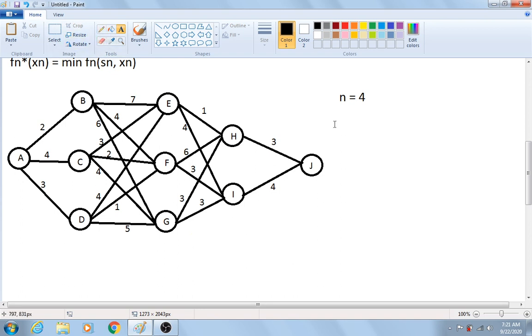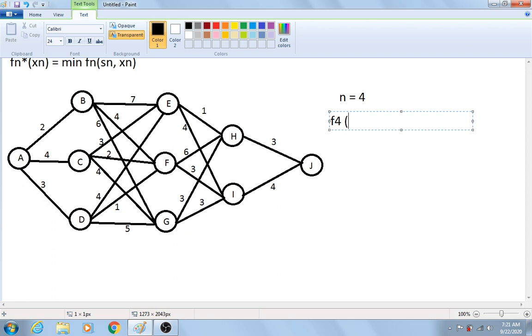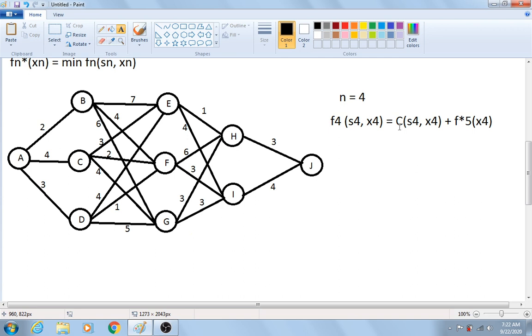Our cost function will be f4 of s4, x4, plus c, which is the cost of following a road, with s4 our position and x4 our destination for stage 4, plus f star n plus 1, that is f5 of x4.